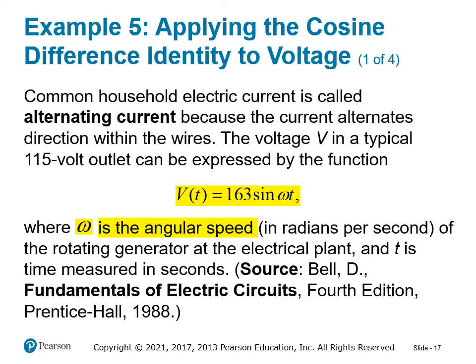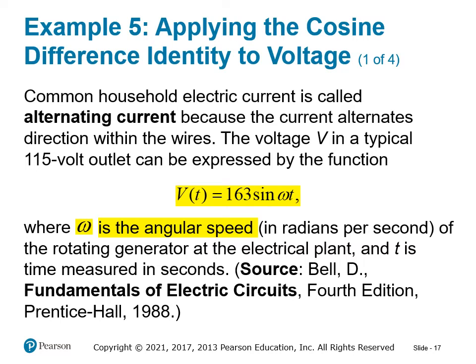Okay, now we have one of those great electricity examples again. Very common in trig. So common household electric current is called alternating current, AC, because the current alternates direction within the wires. It goes back and forth.